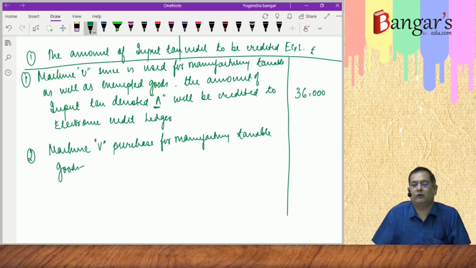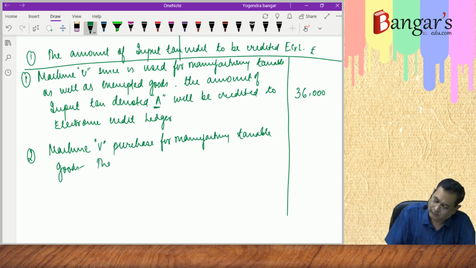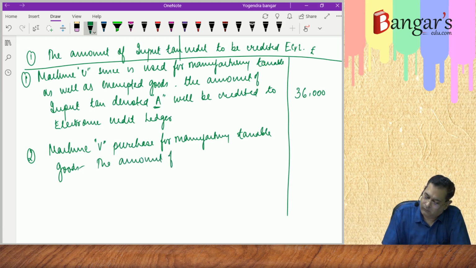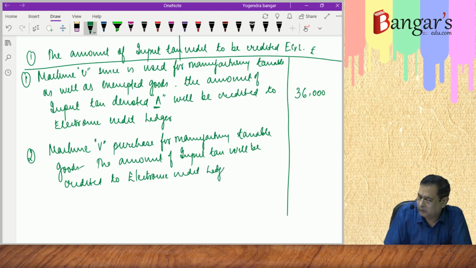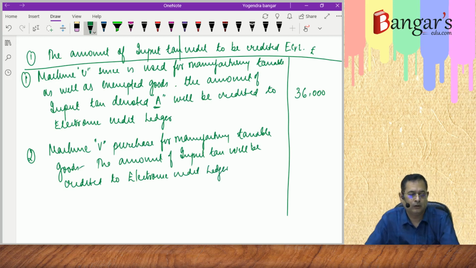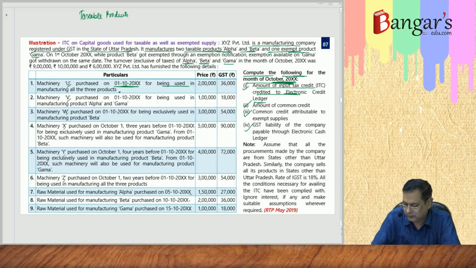The amount of input tax will be credited to electronic credit ledger. The same will be credited where? To electronic credit ledger. How much is it? 18,000 rupees.